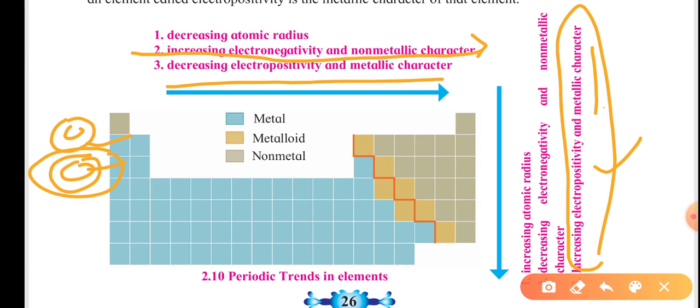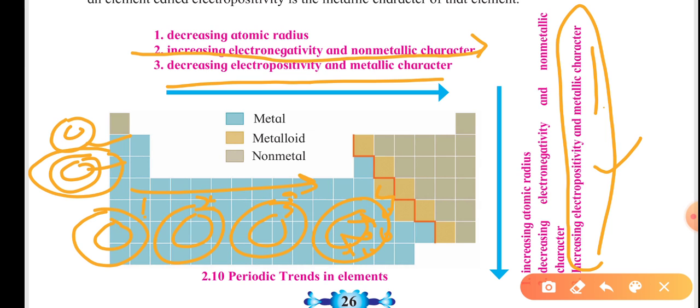See, along the period, if this is the second period, it has only two shells, and in each group one electron is added at a time. So here is one electron, here it becomes two, here three, here four. In the same shell four electrons are occupied, due to which the attractive force of the nucleus becomes strong.